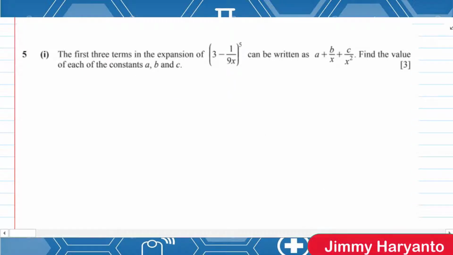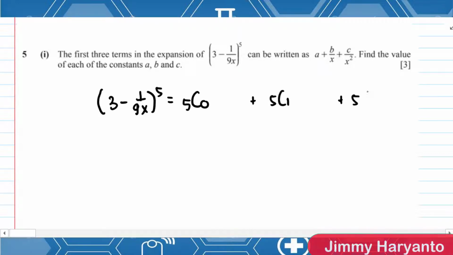Next is number 5. Number 5 is a binomial expansion. The question wants you to find the first three terms of 3 minus 1 over x to the power of 5. For the first three terms, you prepare 5C0, then 5C1, then 5C2.